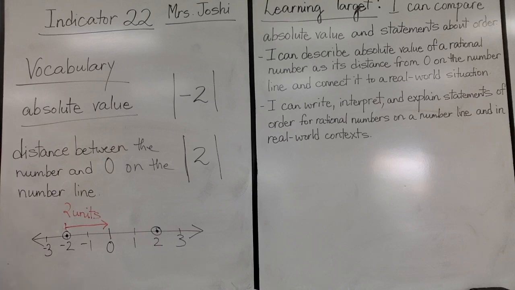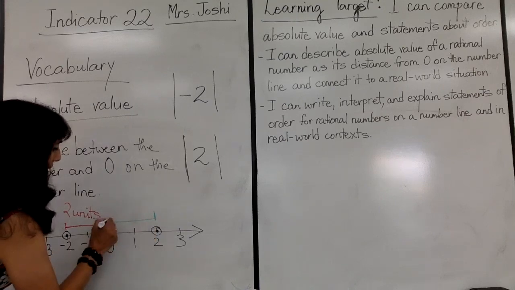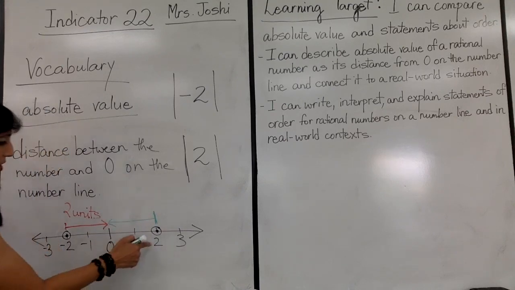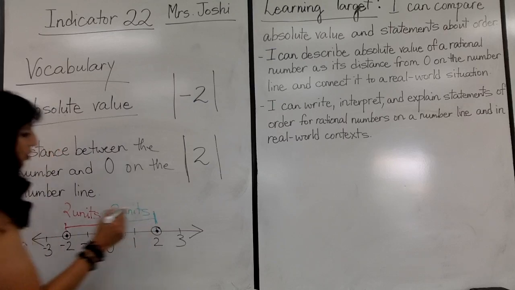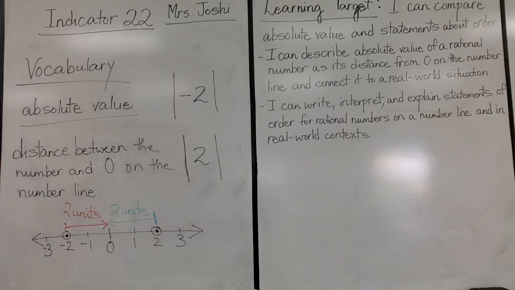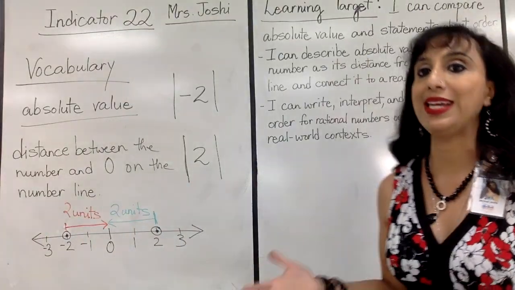Then if I look at the distance from 2 over here to my 0 over here, again, we have 2 units. So this is my distance from the number to 0 on the number line. That's what absolute value basically is.